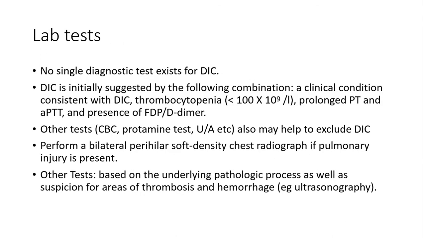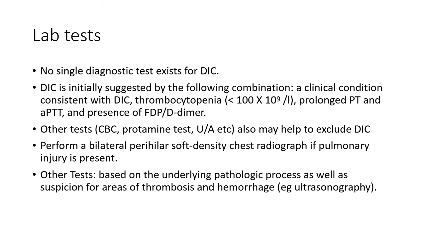No single diagnostic test exists for DIC detection. Usually, DIC is suggested in the following combinations: clinical conditions like thrombocytopenia, prolonged prothrombin time, APTT, and presence of FDP or D-dimer.